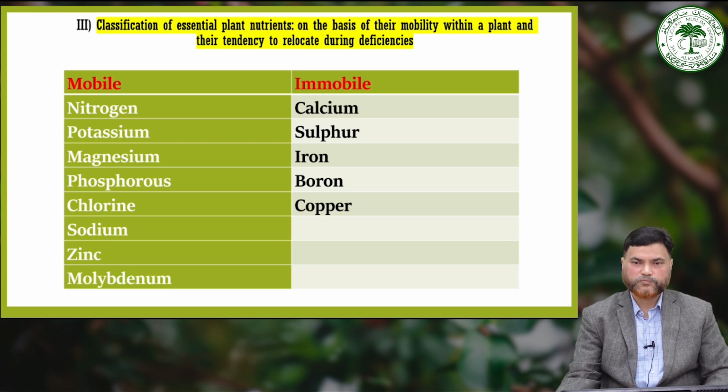Consequently, deficiency symptoms for immobile elements are typically observed in younger leaves, as these nutrients are not easily translocated to other parts of the plant. So in this aspect immobile elements are very important because their deficiency symptoms will be reflected in the younger parts.